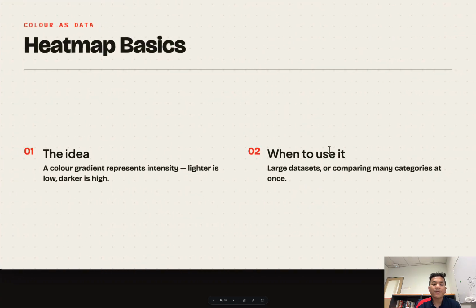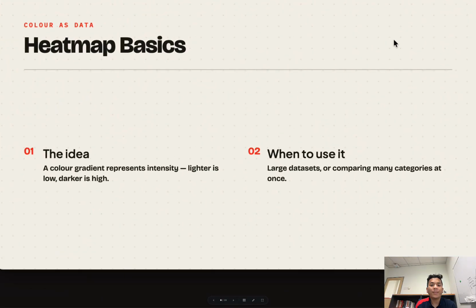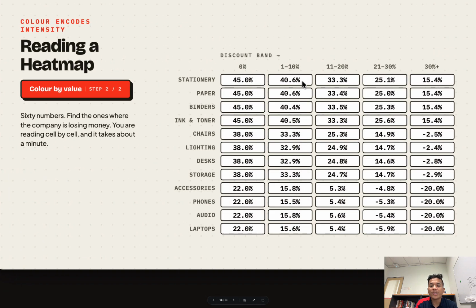Now first of all, we need to understand what a heat map is. Basically, there is a table like this, where each of the boxes, each of the grids, has values, and the color of the values is different.